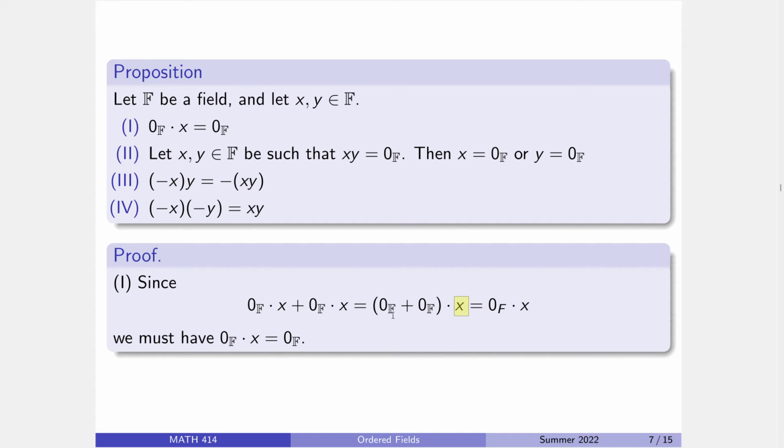And 0 plus 0 is the additive identity, so that just gives me back 0. Now I can cancel and get that this has to actually equal 0. Beautiful. So the fact that 0 times anything gives you 0 is actually a consequence of distributivity. Kind of neat.